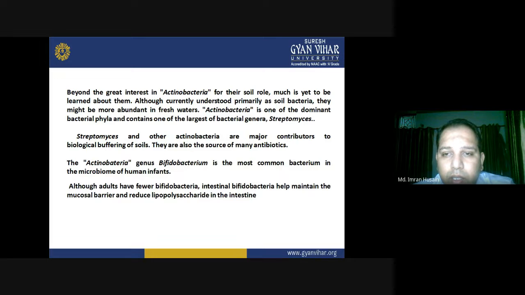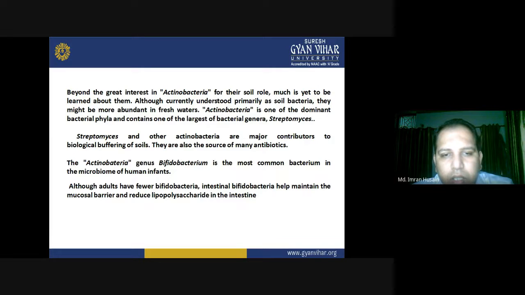Actinobacteria is one of the dominant bacterial phyla and contains one of the largest bacterial genera, Streptomyces. So, it is found to be an extremely dominant and widespread bacterial phylum and contains one of the largest bacterial genera, known as Streptomyces. So, what is the main nature of Streptomyces?